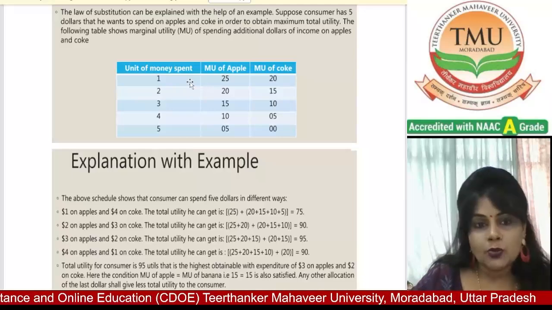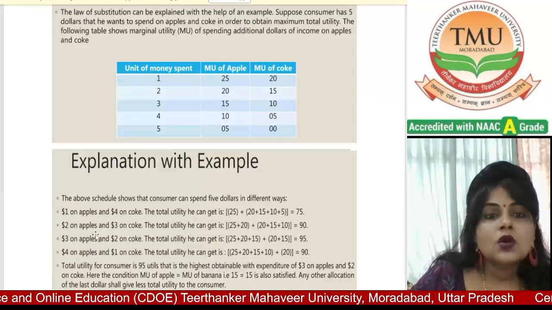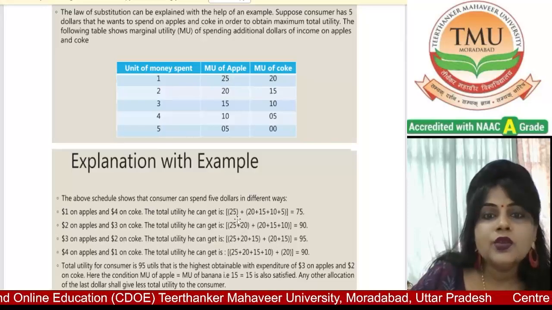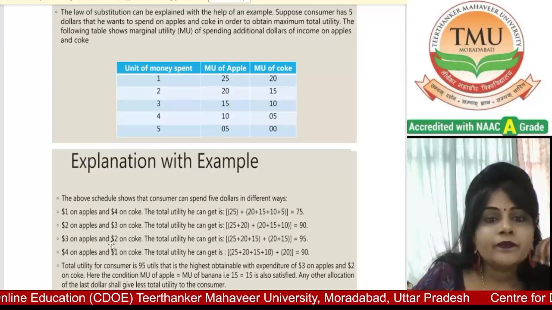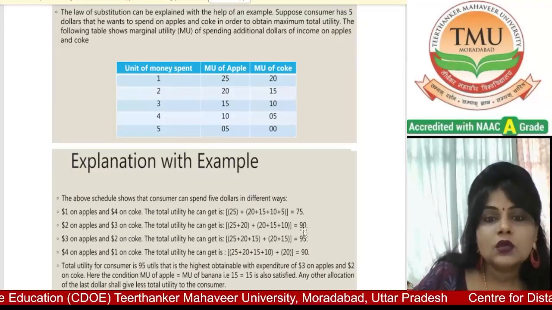Now see the second combination. He spent $2 on apples, getting 25 and 20, and $3 on coke.